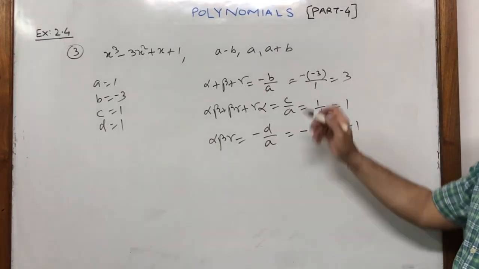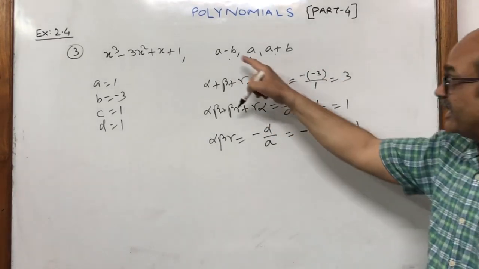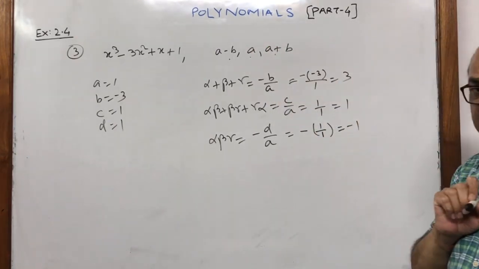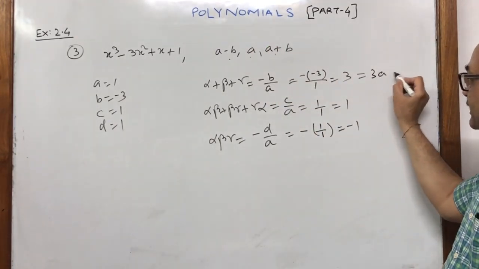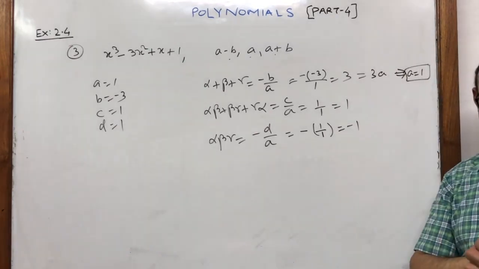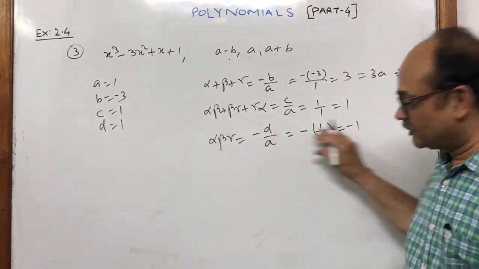Now, this is alpha, beta and gamma. If we add all these three, b and b cancel out, which means 3a, which implies a equals 1. That is the first answer. Now we are not using the middle one, we are using the third one.